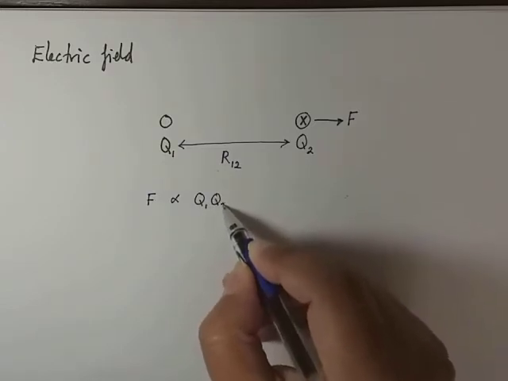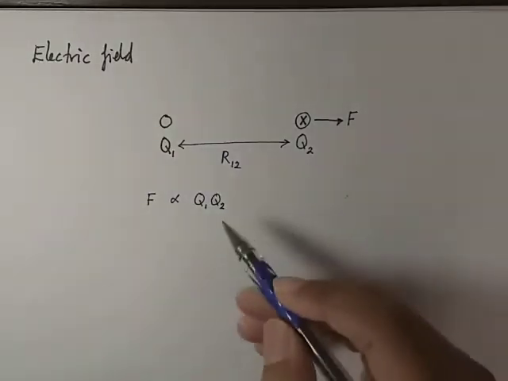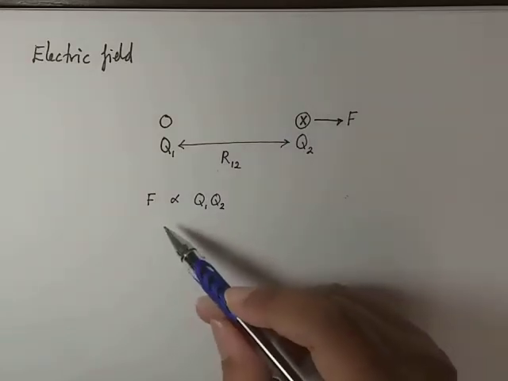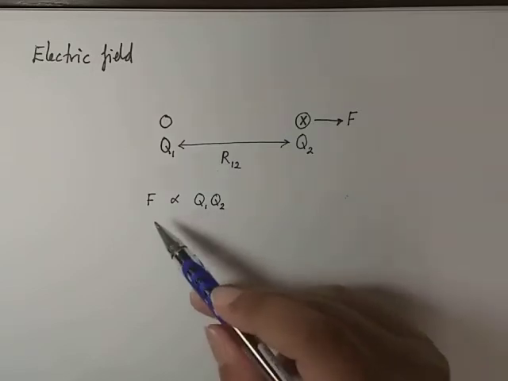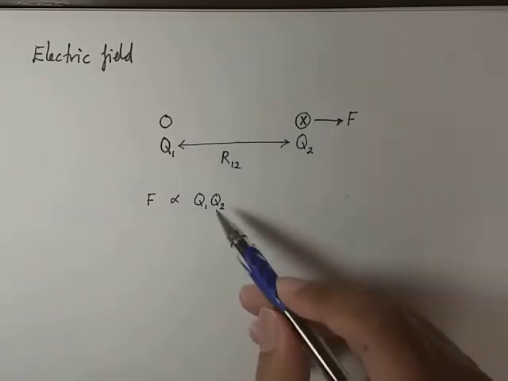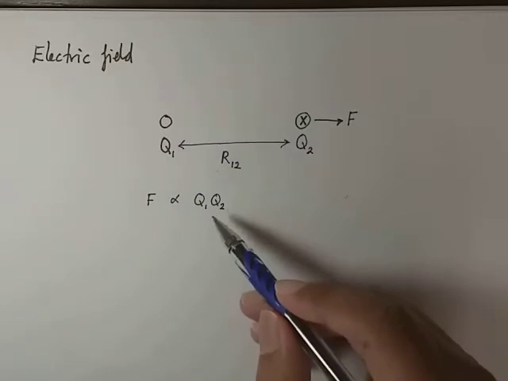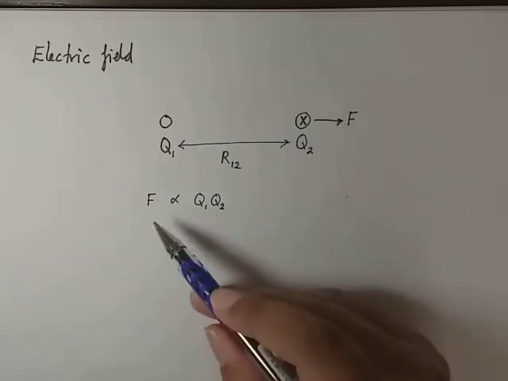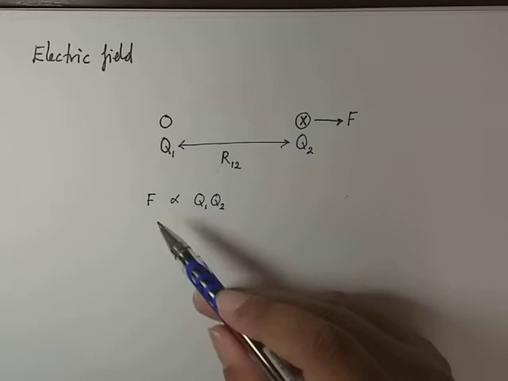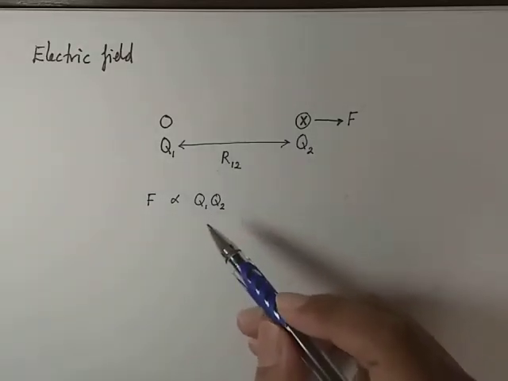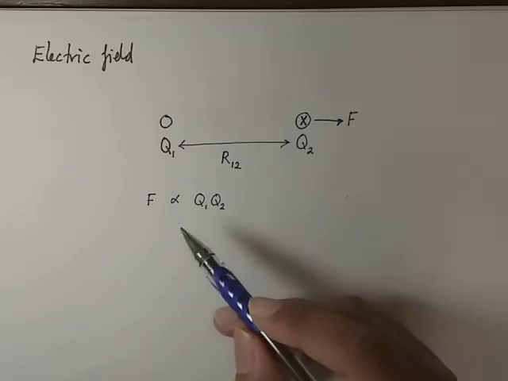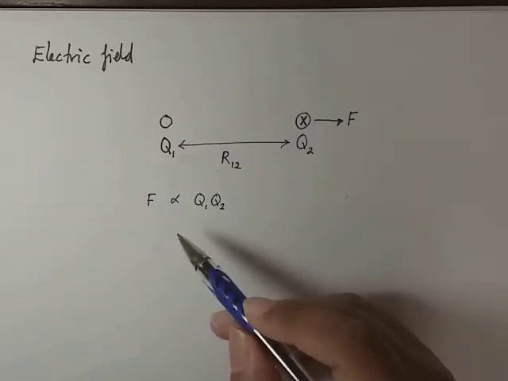Meaning that Q1 and Q2 will affect the force. The higher the value of Q1, the higher the force will be. Similarly, if the Q2 value is reduced, the force generated by this system is also going to be reduced. So that's what he observed. The magnitude of the charge does contribute to the magnitude of the force being created.